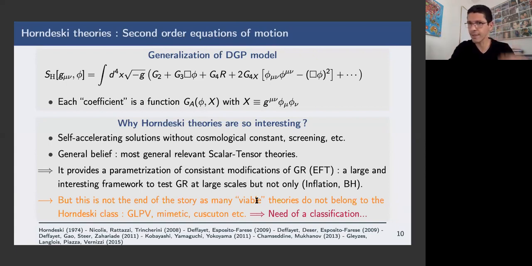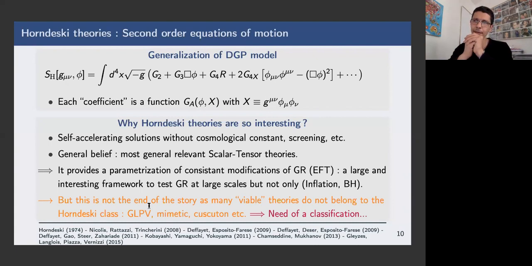And maybe you heard about these theories. They were called beyond Horndeski, or GLPV, for Gleyzes, Langlois, Piazza, Vernizzi. Also, there was this mimetic theory and new theories called cuscuton. A lot of funny names appeared. And many of these theories just do not belong to the Horndeski class. So we find a lot of things.